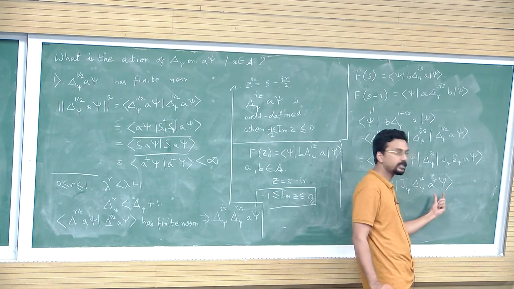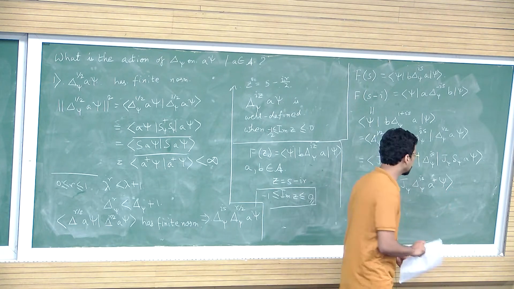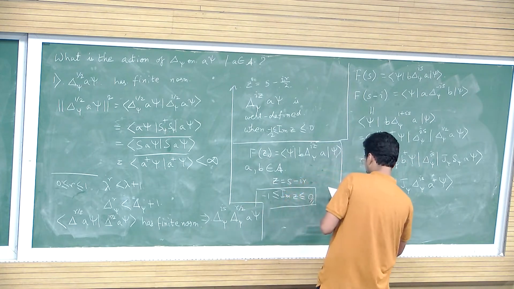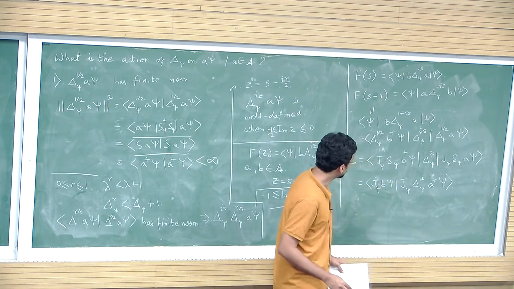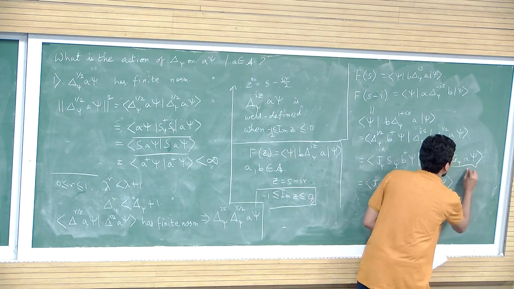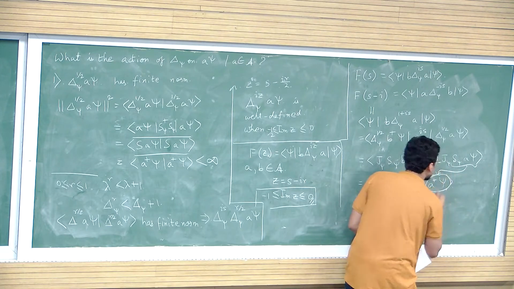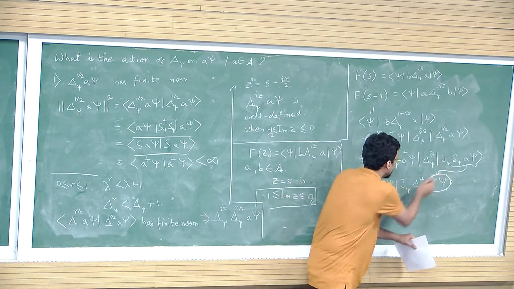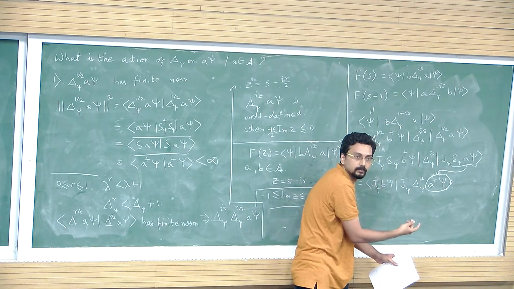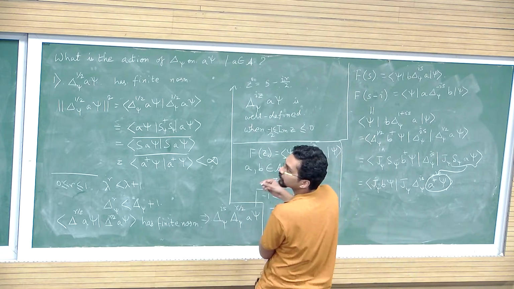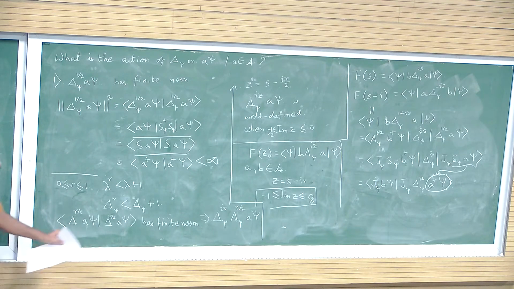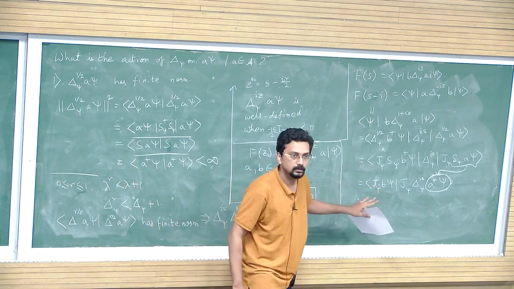S I, A psi has acted on it, and this has given you A dagger psi. That's why this has become dagger, and similarly B dagger has become B. J is here. J and this object commute, so I can change. I wrote it somewhere, here. It commutes. So there are two things that I am doing.